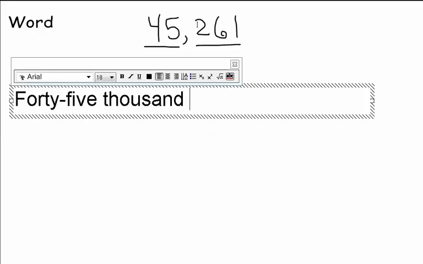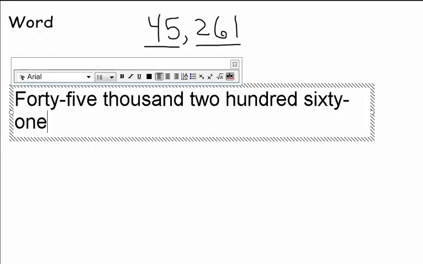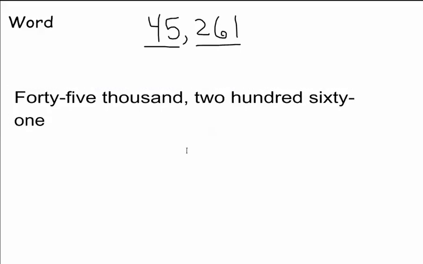And then we move on to the next three, 261. Okay, some things I want you to notice about this is that you put the comma in just like you do the comma in the number.